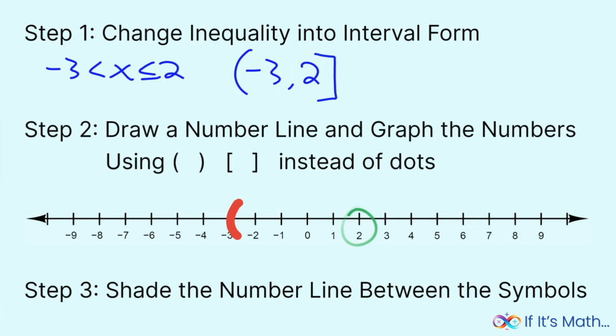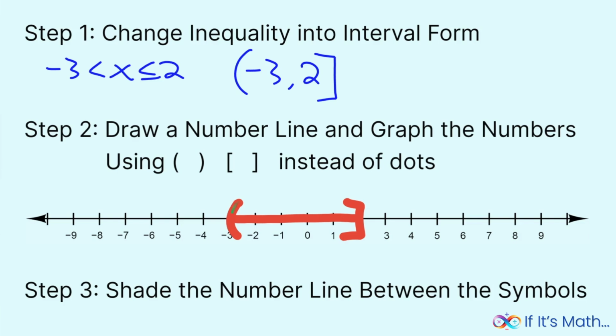So we find it right here. And we need to take this bracket there. So we're going to put a bracket on 2. And then just like before, you shade, but this time you do have 2. So you just shade whatever is in between. So that is the graph of -3 is less than x is less than or equal to 2.